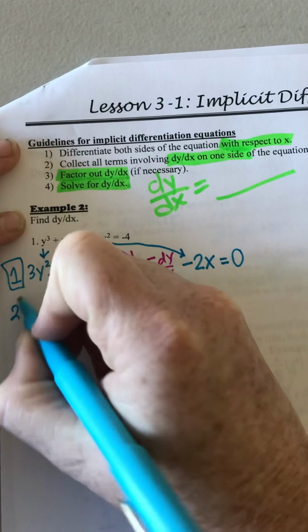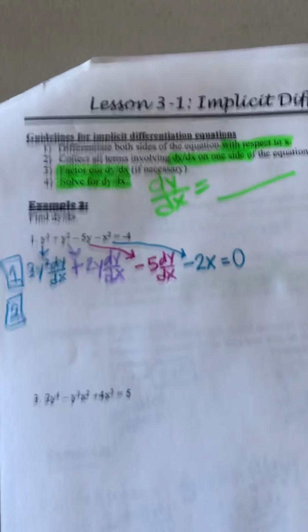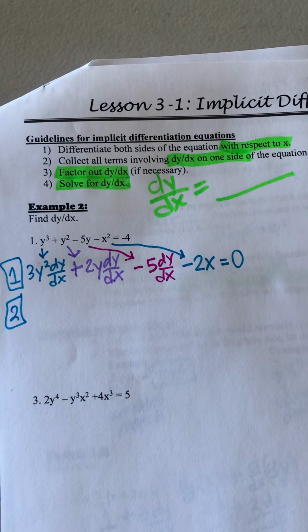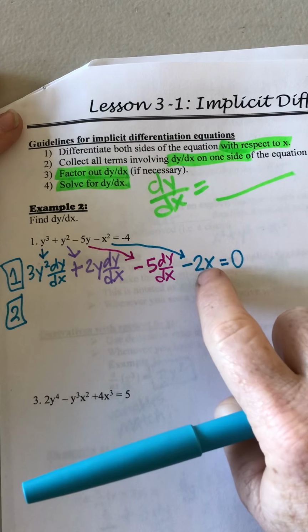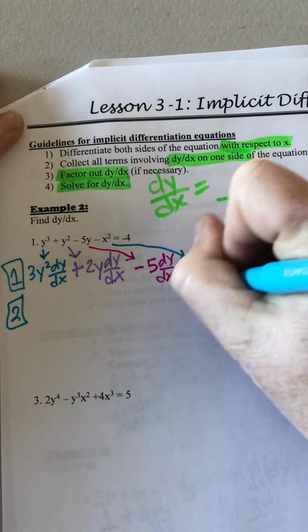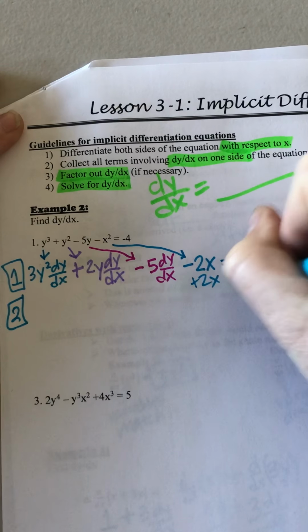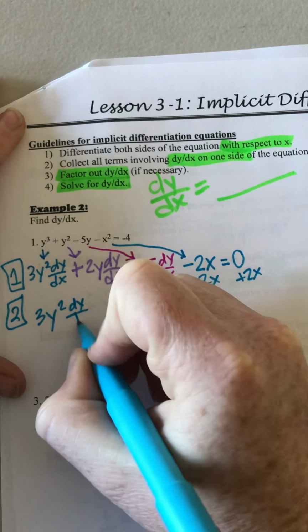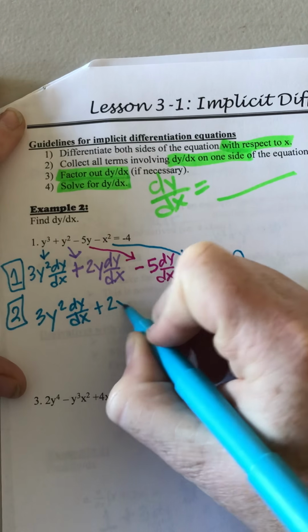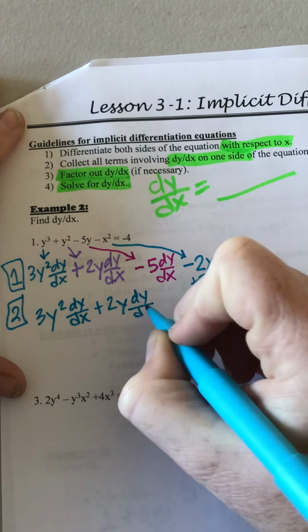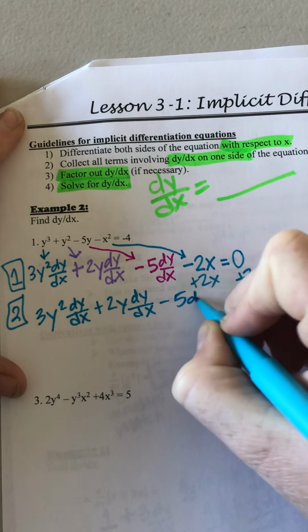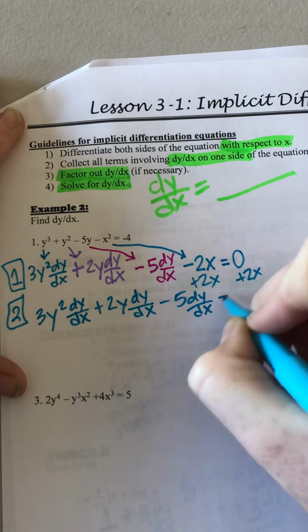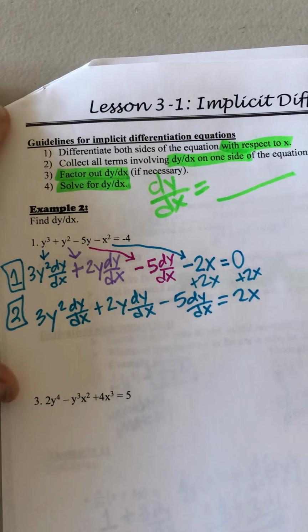Now, step 2, I need to collect all terms with dy/dx on the same side. So really, what I have to get rid of is the 2x. So I'm going to add 2x to both sides, and I'll get 3y squared dy/dx plus 2y dy/dx minus 5 dy/dx equals 2x.